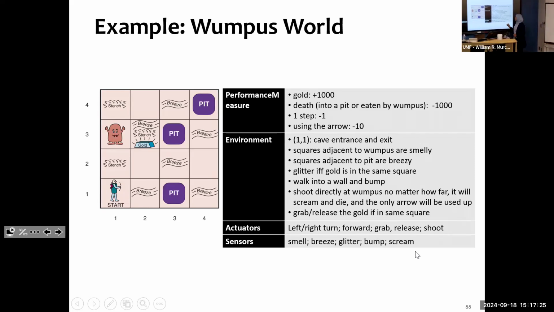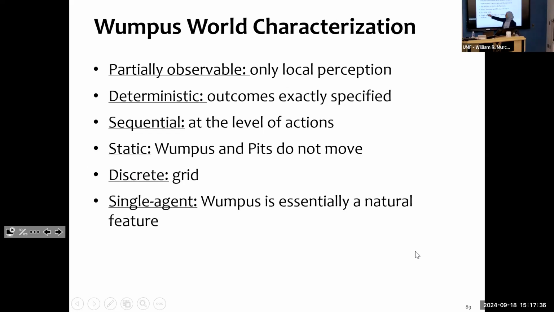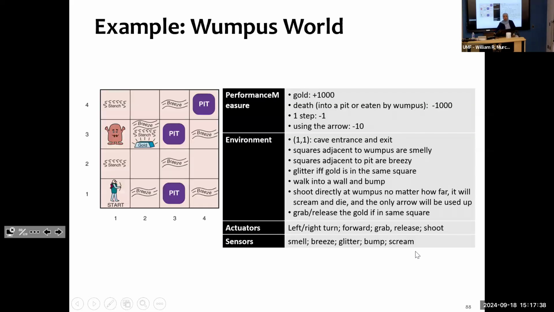The problem is to successfully reach the room where we can find the gold. It's like a game, okay? And some rooms are empty. Some rooms have what we call breeze.